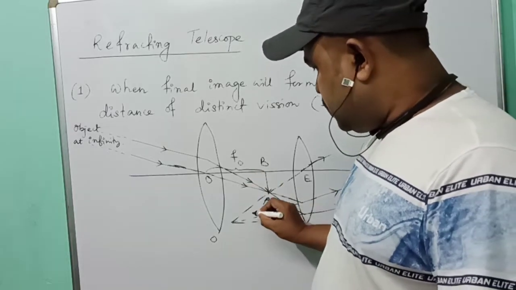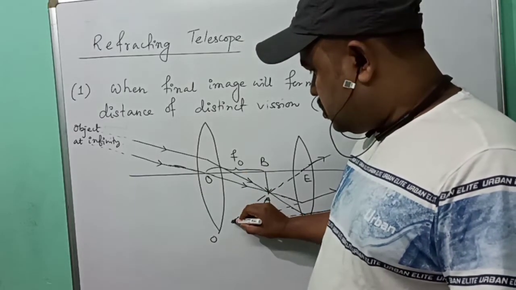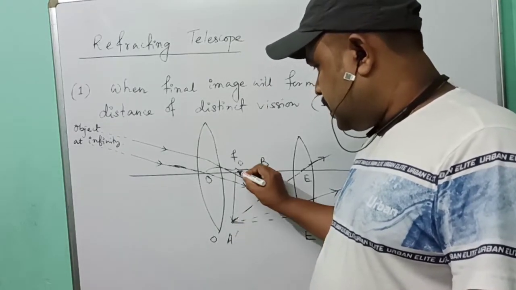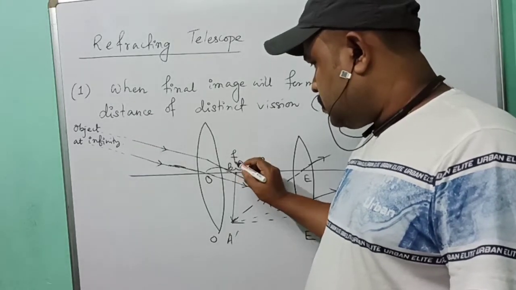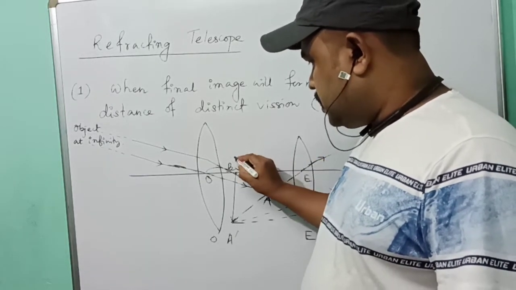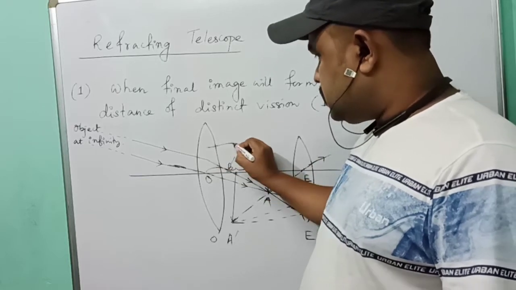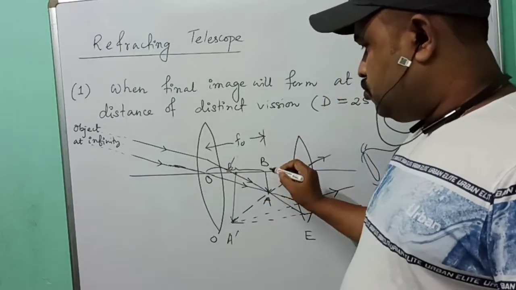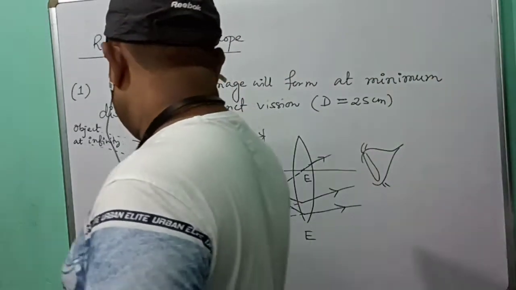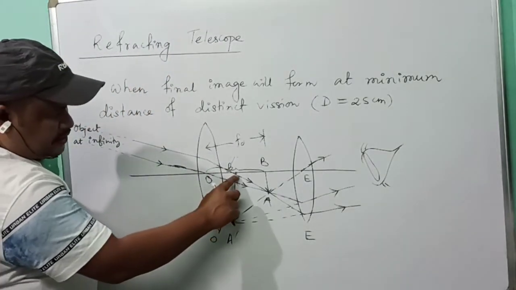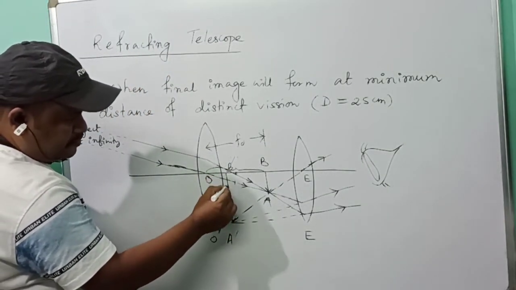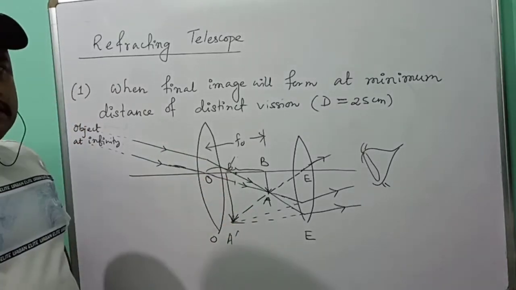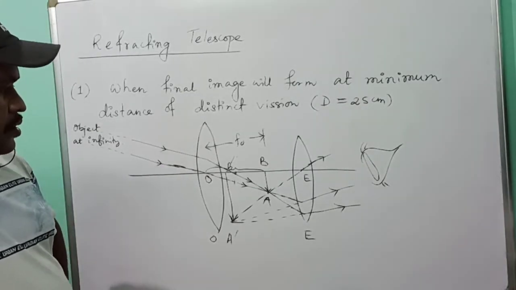Suppose this is the magnified or final image, A dash, and this is B dash. This distance is F naught, from O to B. Fine. So this A dash B dash will be the final image for the telescope. Okay, clear?